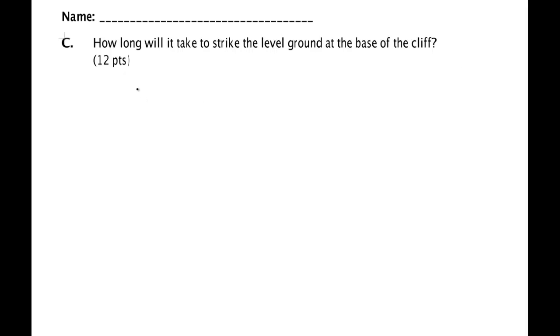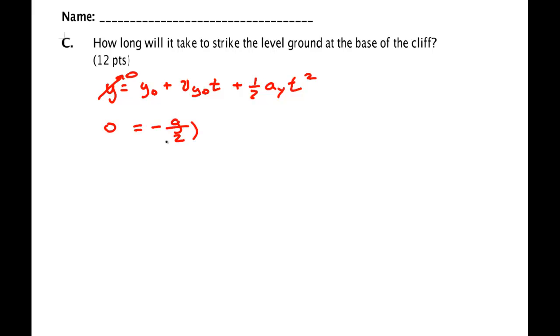To work that problem, I have y equals y naught plus Vy naught t plus 1/2 ay t squared. The final height is 0, so I have 0 equals minus g over 2 t squared plus Vy naught t plus y naught.